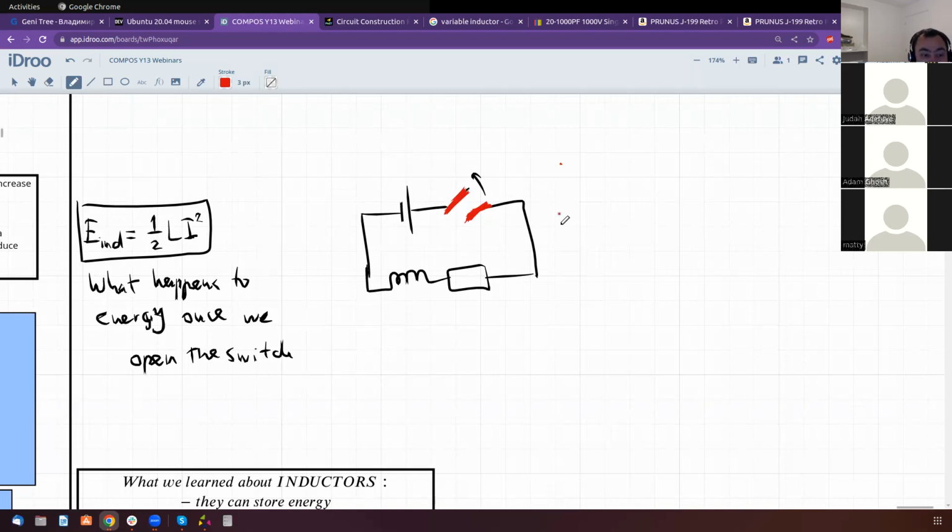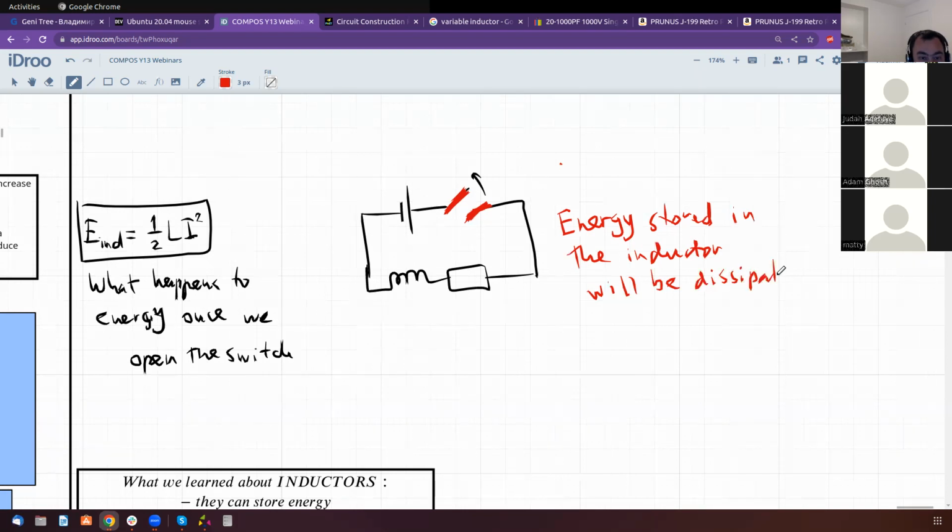So energy stored in the inductor will be dissipated as heat. Now, what if there's no resistance? Let's suppose it is made of a superconducting metal, and there's no resistance whatsoever.